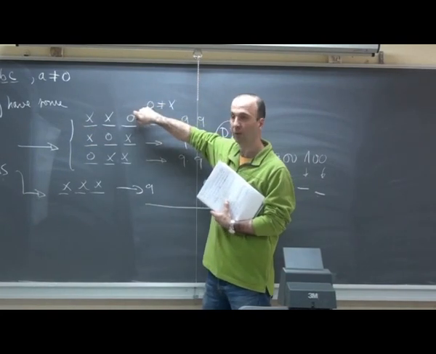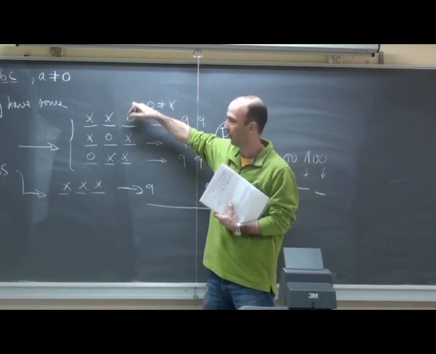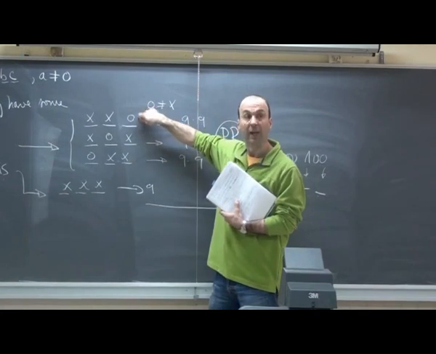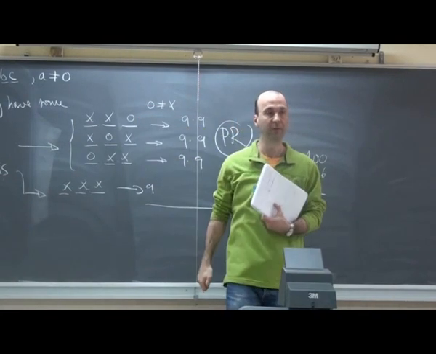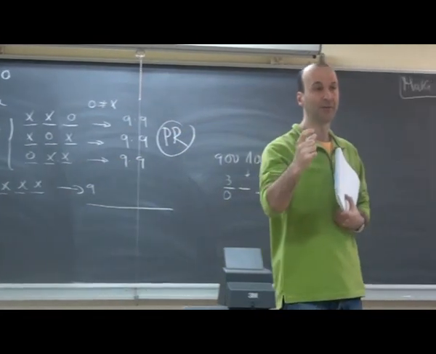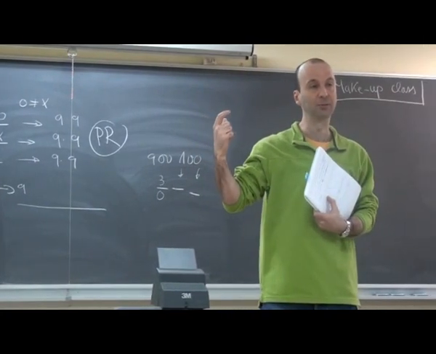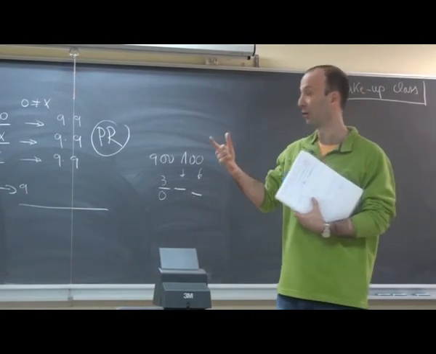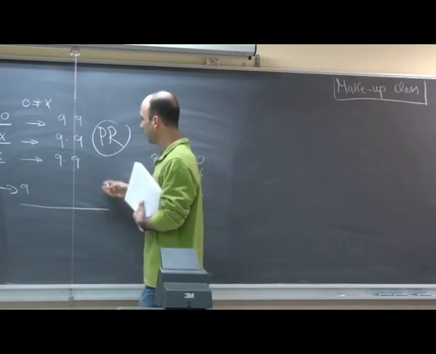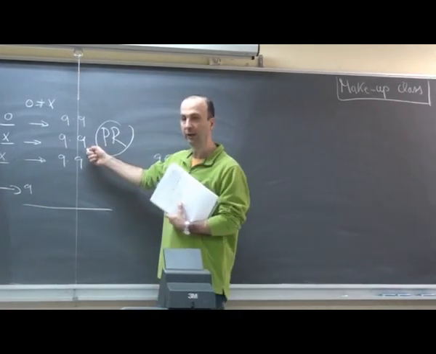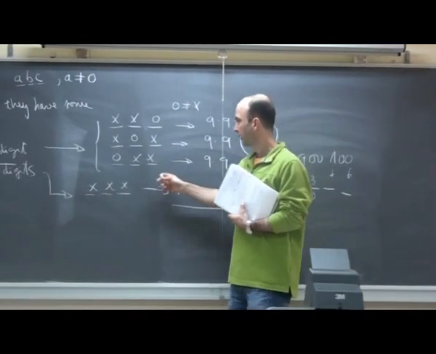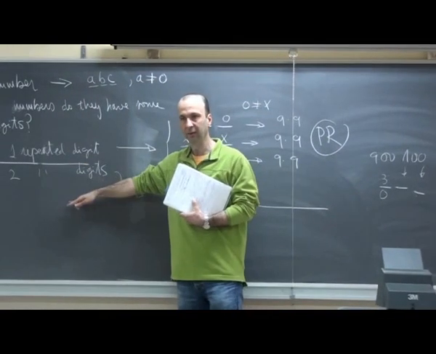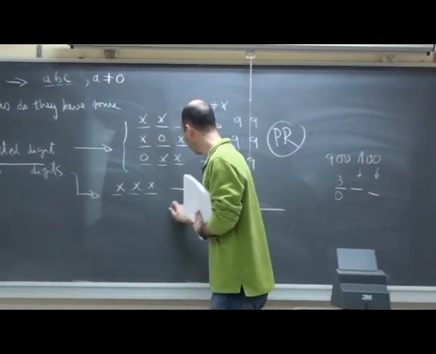And for this symbol, just another symbol from x, it could be 0. Yeah, I can have zeros at the end of my number, but not at the beginning. So, product rule here, those cases are disjoint. So here, sum rule.